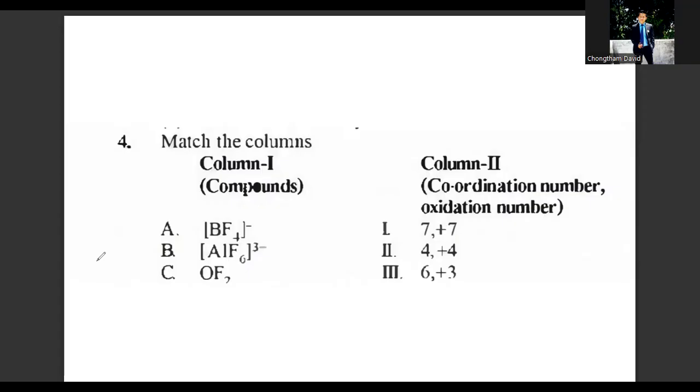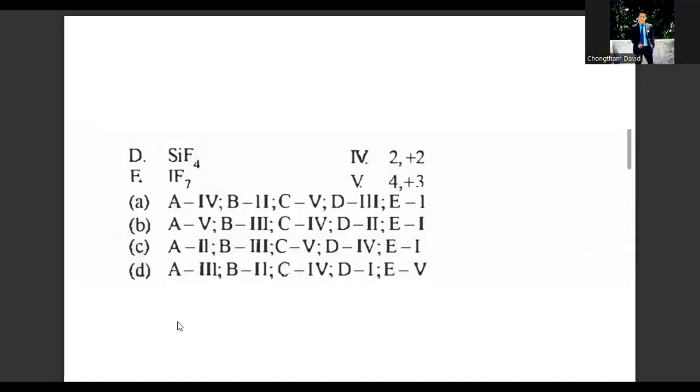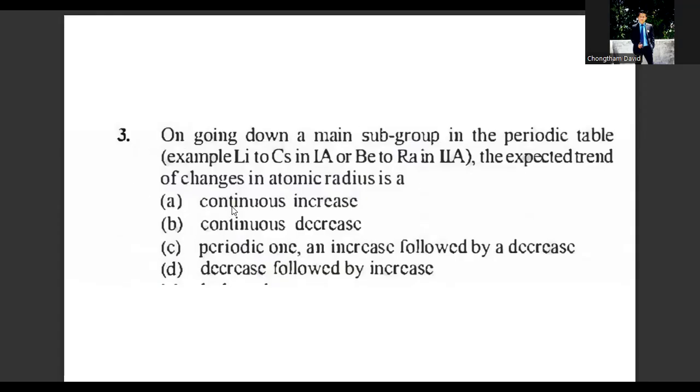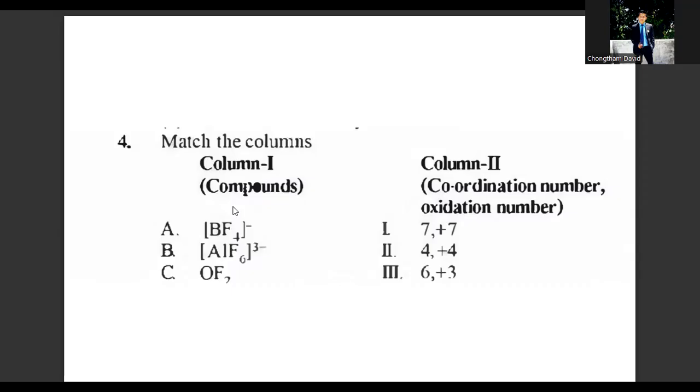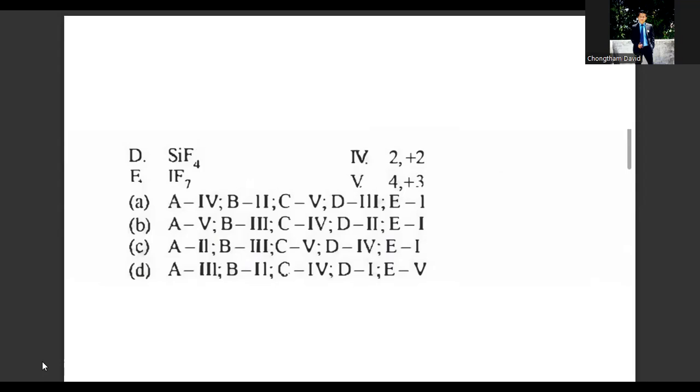This is a match the column type, and option D is not visible. So let us bring up those options in column A and column B, and we shall write it together because the screen is not seen. So whatever is on the first side of the screen, let me write it here. A, B, C. This is for your reference.